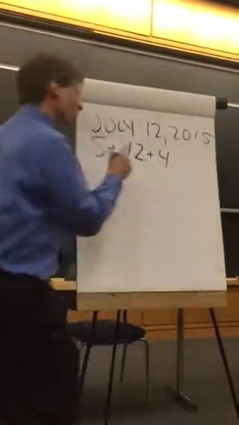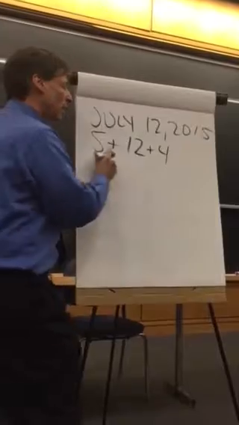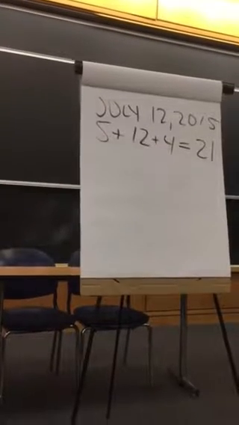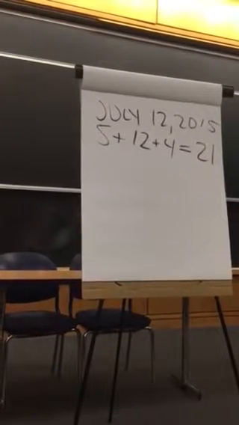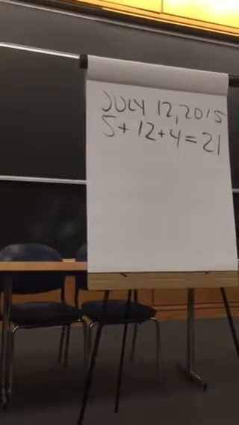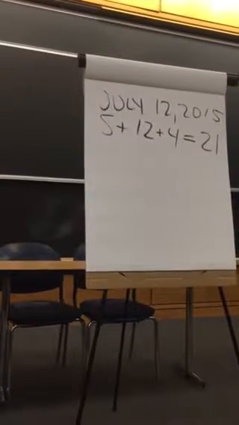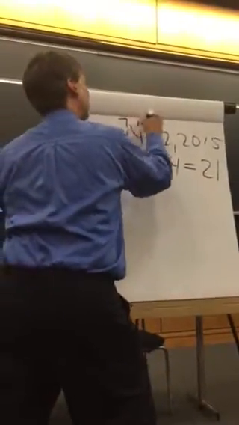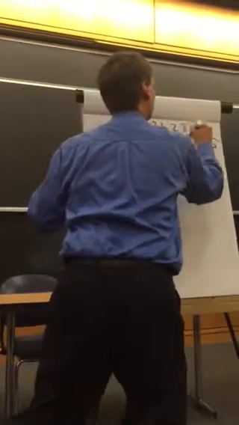Okay. Add those 3 numbers together, 5 plus 12 plus 4, and we get 21. Now, if you want to, you could count 1, 2, 3, 4, 5, 6, 7, 8, 9, 10, 11 until we reach 21. But you don't have to do that, because every 7 days, the week repeats. So you could subtract any multiple of 7. 7, 14, 21, 28, 35.